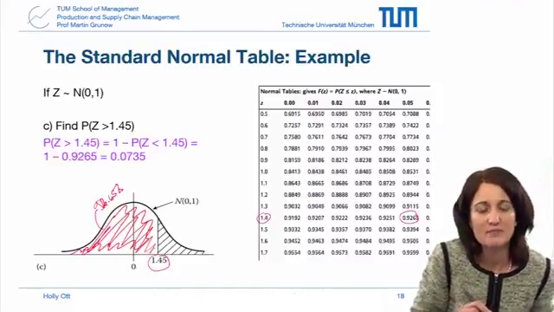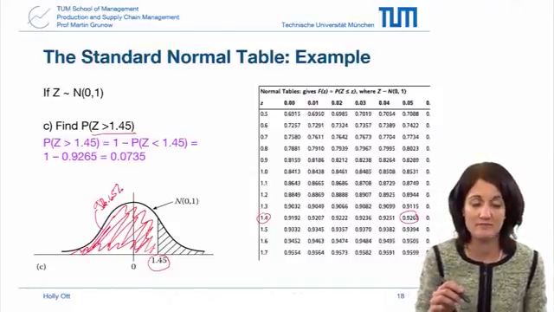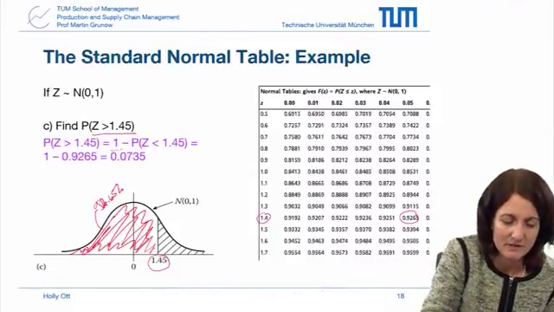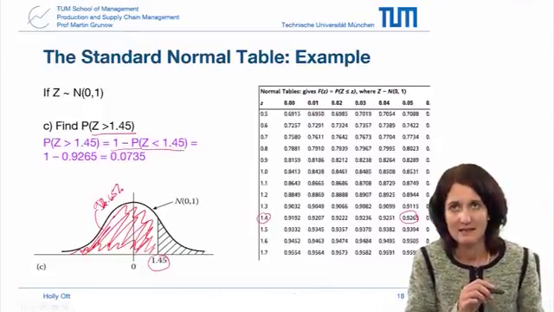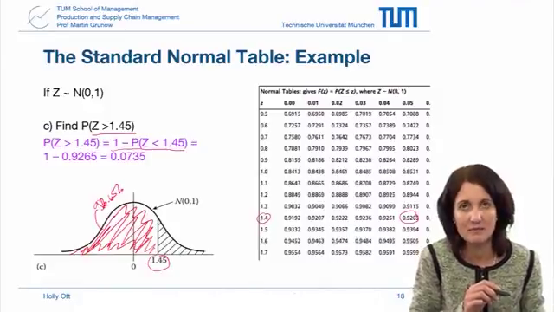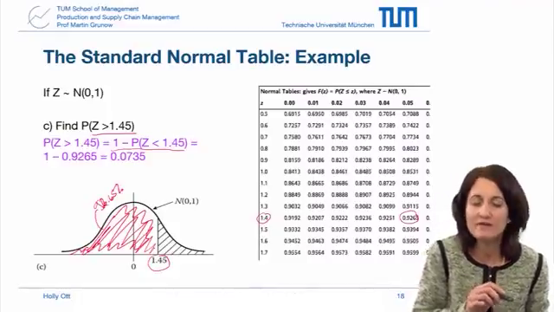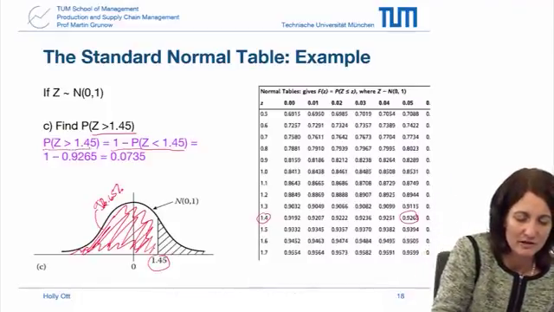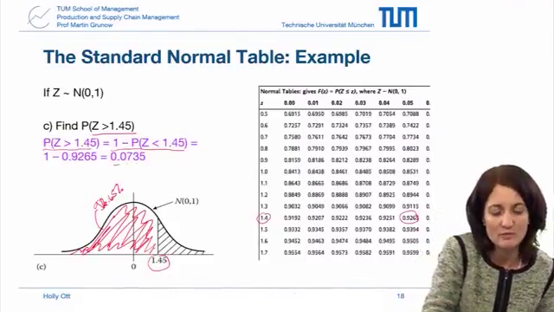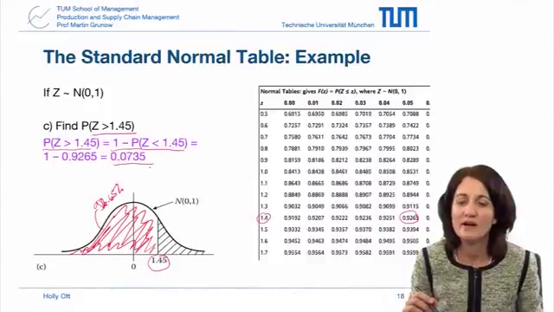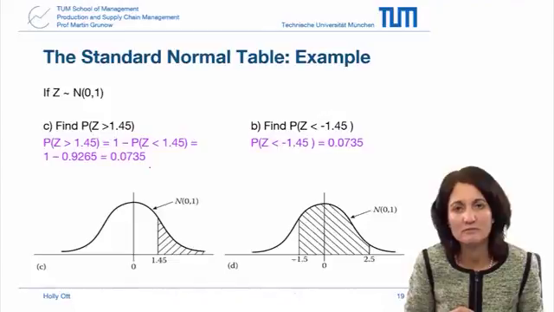But we're not interested in that. We're interested in the proportion of our population that is greater. So the way we do that is we say 1 minus the CDF function, 1 minus the proportion of the population that's less than 1.45 will give us the proportion that is greater than 1.45. And 1 minus 0.926 is equal to 0.735. That's what we got before.